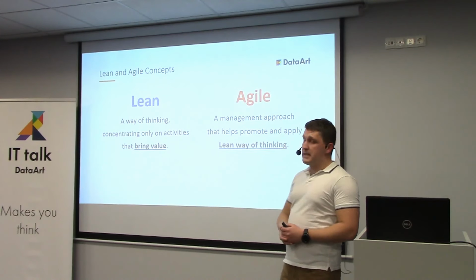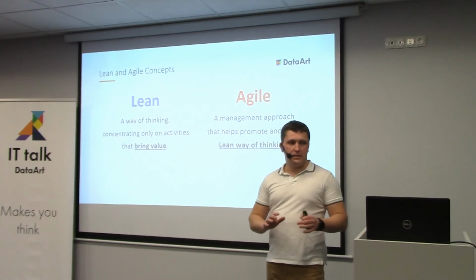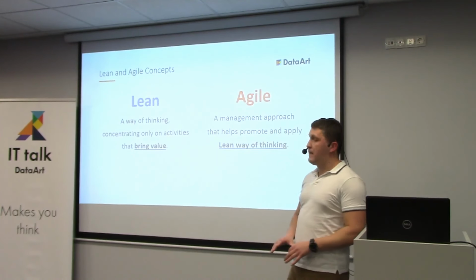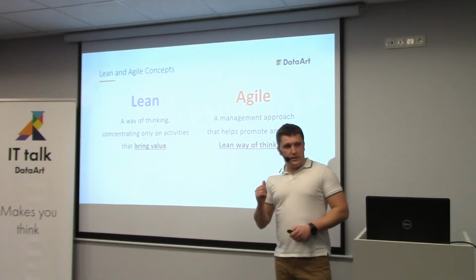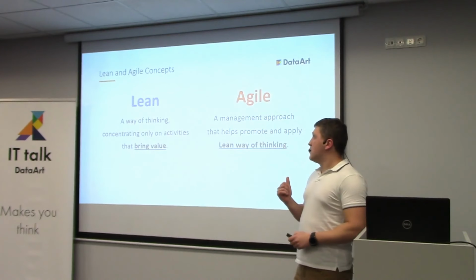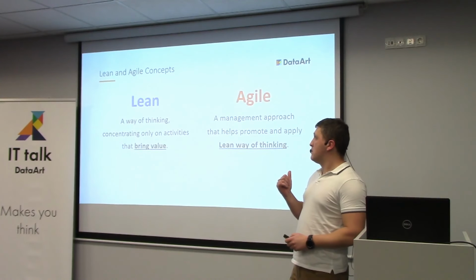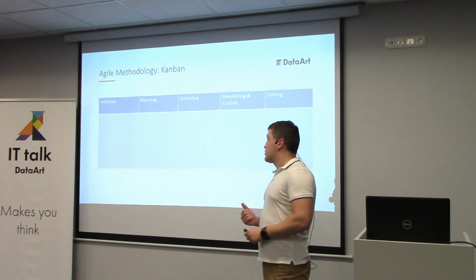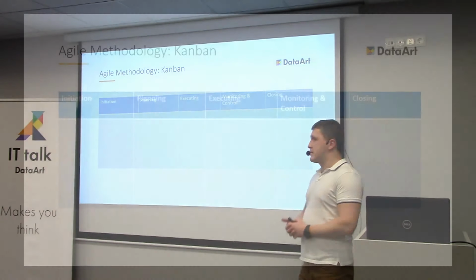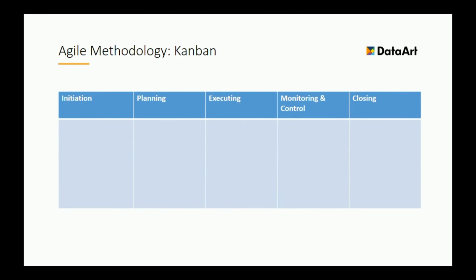Agile gives us, to a certain extent, tools to bring that to life. And how it happens, I will now try to show. I will start with also Toyota's invention, an agile methodology called Kanban, which is strongly based on the lean way of thinking.